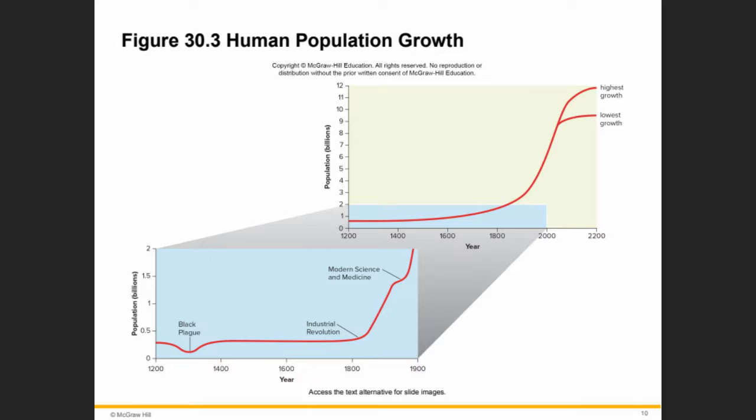The black plague is identified at 0.5 billion at year 1300.